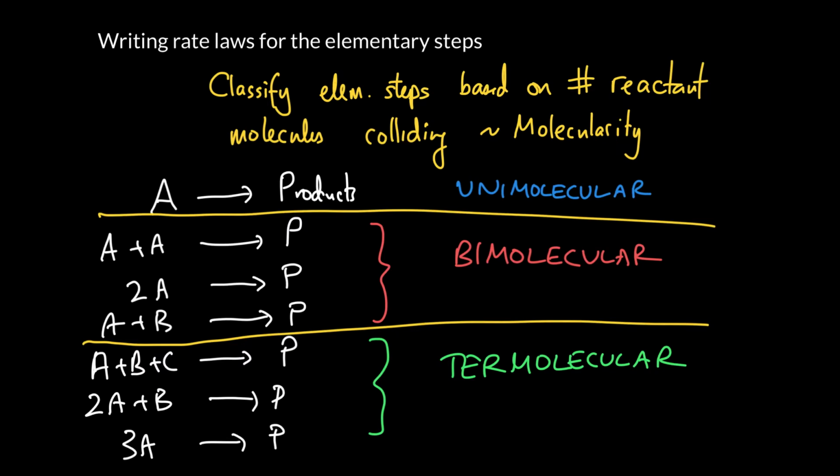Now what we typically find is that bimolecular is extremely common. It is very common for two things to bump into each other and react. Three things bumping into each other is less common. It's not too uncommon for two things to bump, but for three things to bump into each other simultaneously is unusual.